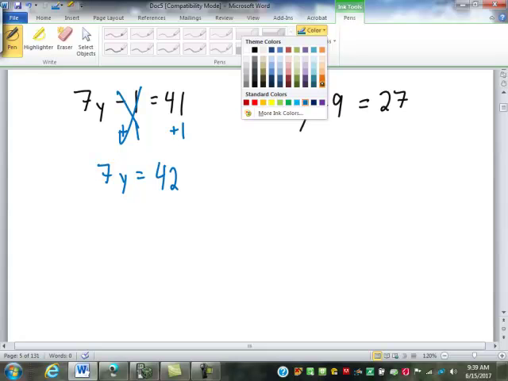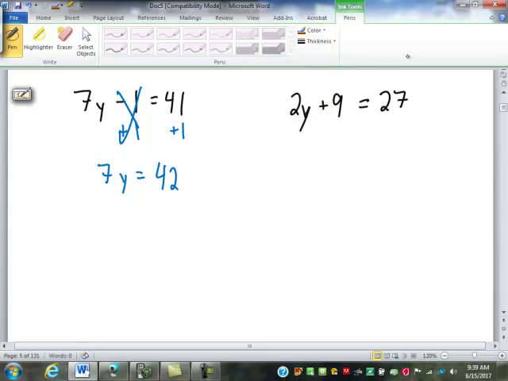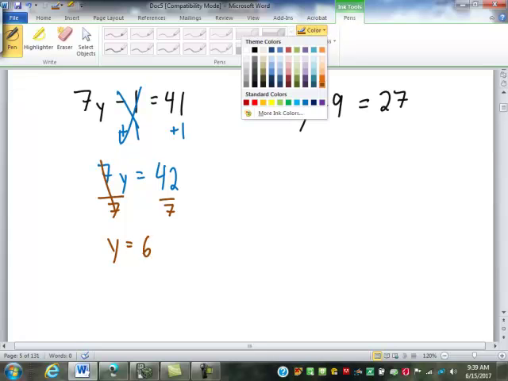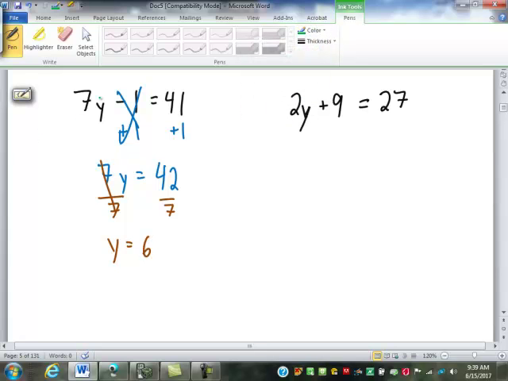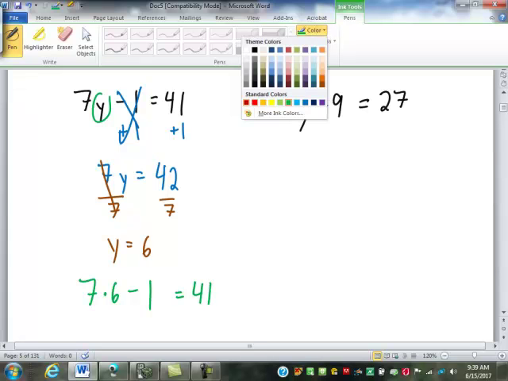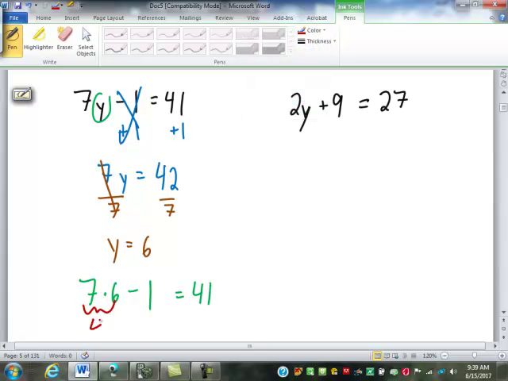What's next? Divide by 7. Divide by 7, which gives us y equals 6. Good. And we could go back and replace y with 6. So 7y becomes 7 times 6 minus 1. If we were to double check that, 42 minus 1, which is 41.